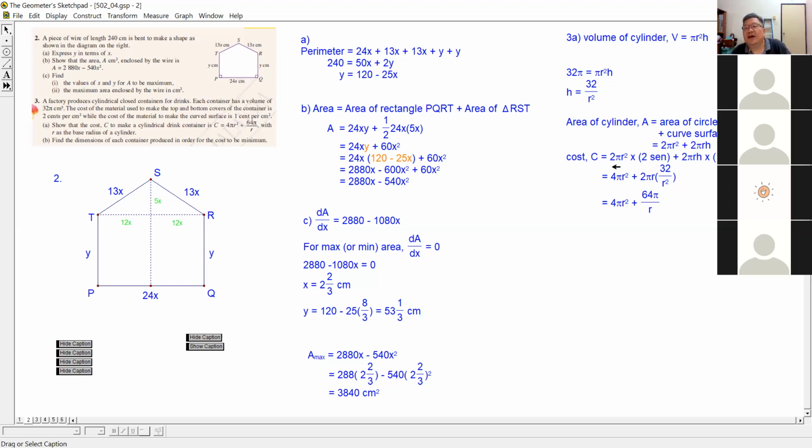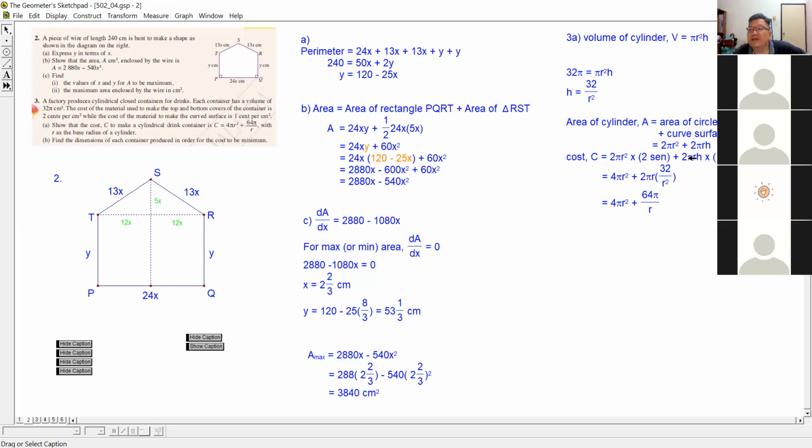So in order to find the cost, the top and bottom is 2 cent, the curved surface area is 1 cent. So you have to multiply the area with the cost. When you multiply the area with the cost per unit, per centimeter square, you will get something like this: 2 times this, 4 pi r squared.